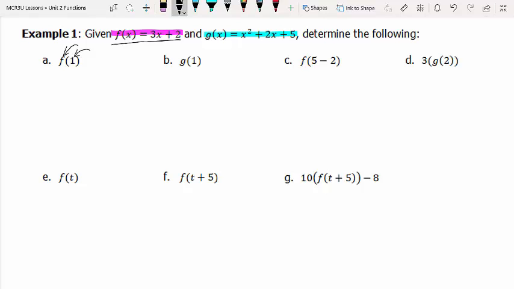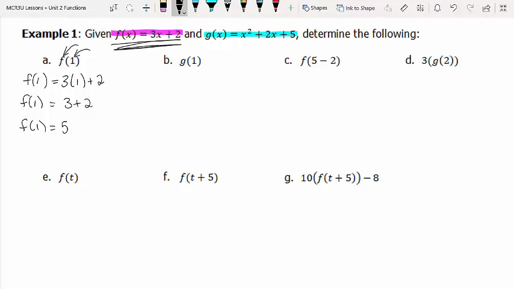This equation is labeled f, so that's the one I'm going to use, and I'm going to replace the x with 1 and then solve it. So f at 1 is 5. If you plug in 1 into this function, your y value would be 5.